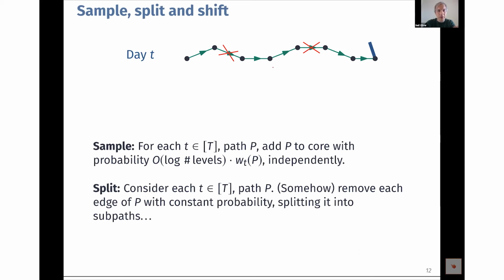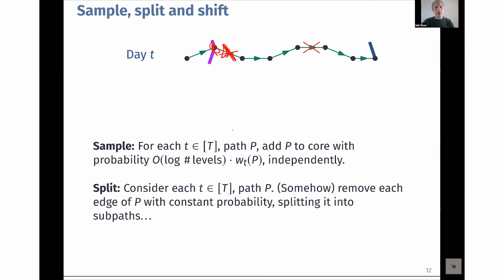Then we get what we want, because our expected decrease in fractional cost will be within log number of levels times the expected increase in the integral cost. Now, how could this happen? The easiest thing that could happen is that, remember, there are all these other paths around, and maybe a path through this point gets sampled. Then I can delete this edge without any problem, because this node is already connected by some new path to the root.